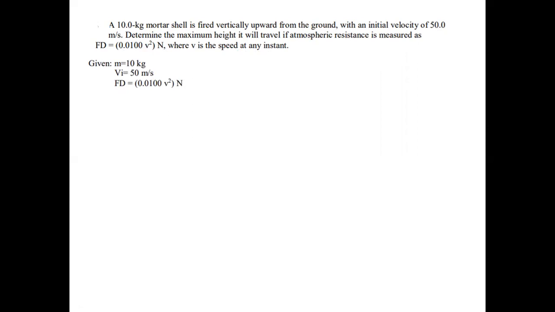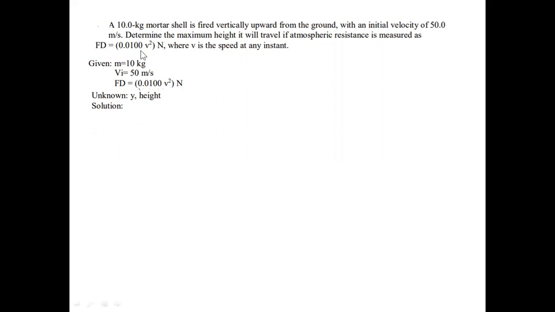The initial velocity is 50 meters per second. And then we have the quadratic equation for drag force, 0.01 v squared newtons. Now we have the unknown, which is required to be solved in this problem, the height.